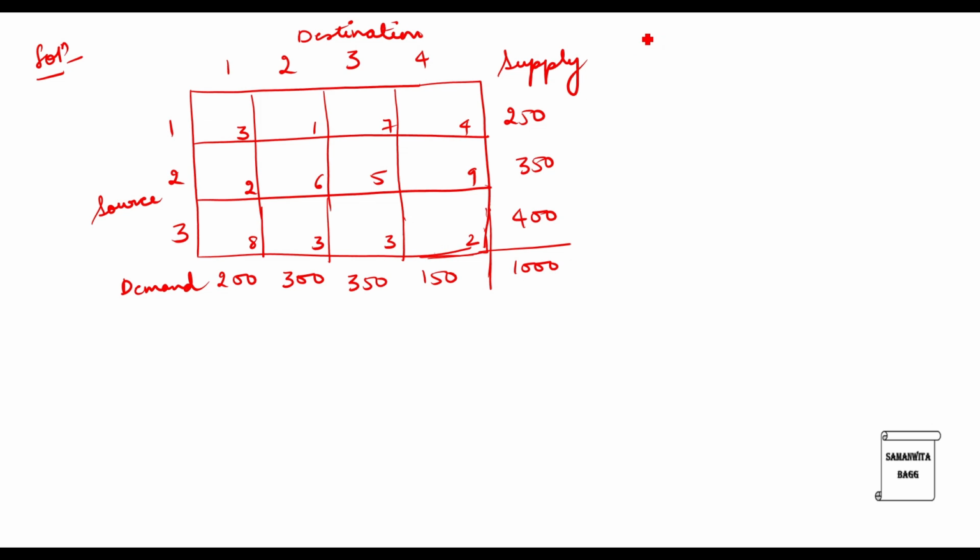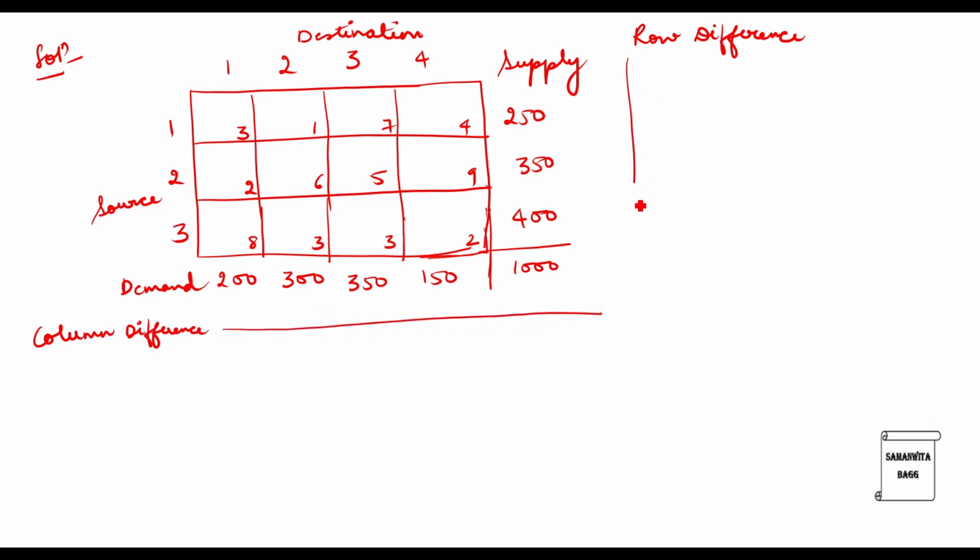Now, always for VAM method, what we do is we calculate the row difference and the column difference. I have marked a demarcation. Now I will start calculating the differences here.